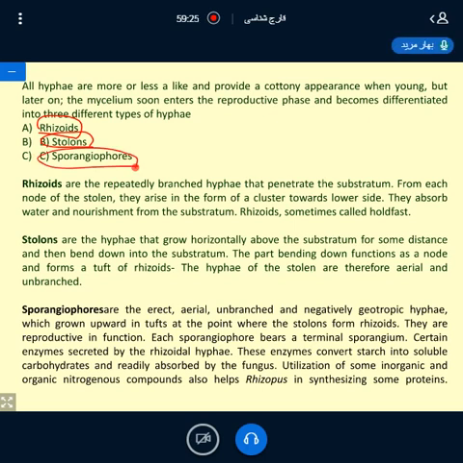Three different types of hypha in Rhizopus.